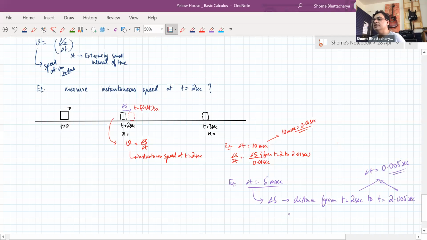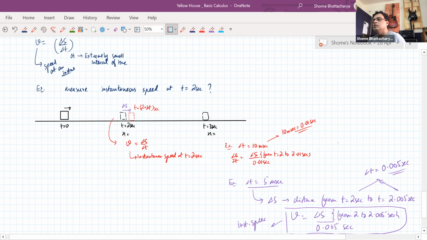So what he is measuring as the instantaneous speed will be this distance, from 2 to 2.005 seconds, divided by 0.005 seconds. That's 5 milliseconds. So this will be how he is calculating the value of instantaneous speed at t equal to 2 seconds.